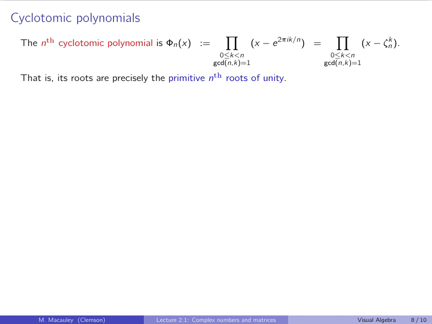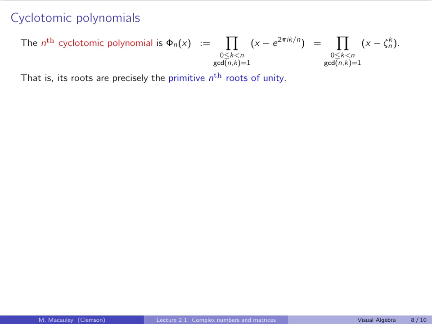In that last example, I introduced the cyclotomic polynomials. And the nth cyclotomic polynomial, phi n of x, I'm going to define as this polynomial. And if you unravel this notation, we see that this is the polynomial where the roots are precisely the primitive nth roots of unity.